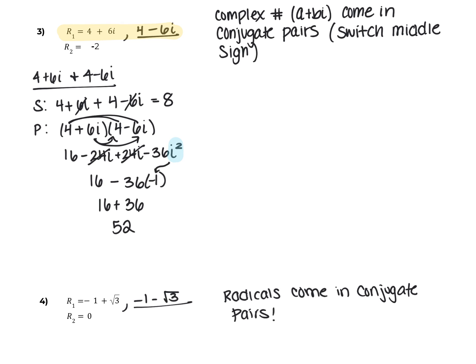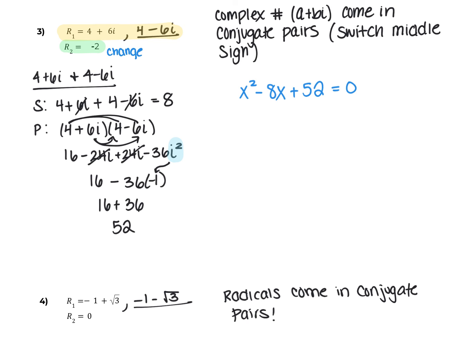So if we put this together, we have x squared minus the sum x plus the product equals 0. Now, in order to get the polynomial equation, we just have to take this third root here and somehow bring it into the polynomial. So if you have a single root, like you have here, you have a root of -2. All you have to do is change it into factored form.